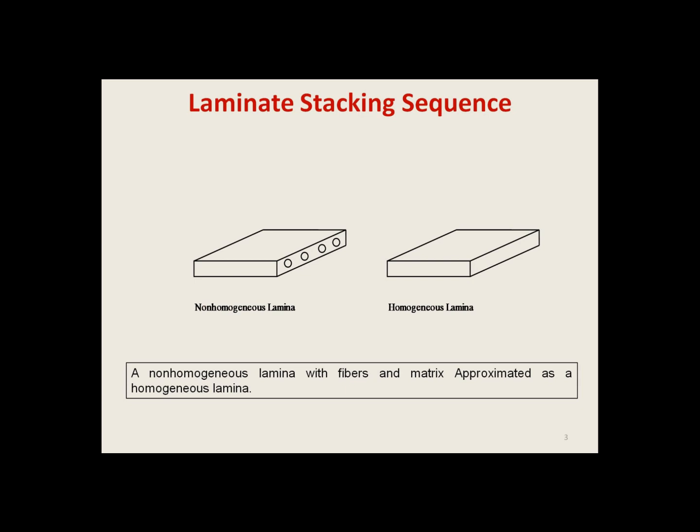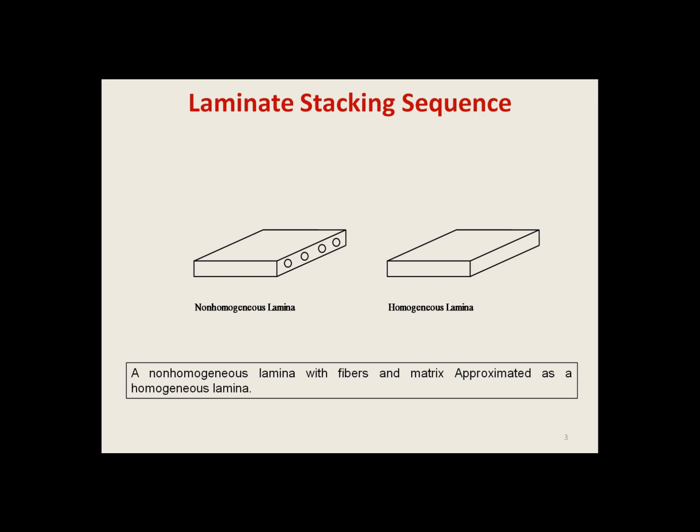The second important point in order to distinguish between non-homogeneous and homogeneous lamina is that the lamina is simply looked at as a material whose properties are different in various directions. Once again, I am repeating, whose properties are different in various directions, but not different from one location to another location.